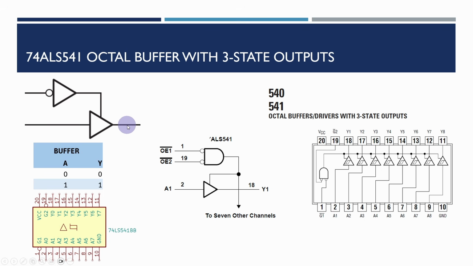And what that means is we can have lots of chips all talking to the same bus. In particular with a microprocessor, the data bus quite often has an awful lot of chips all driving the data bus, whether they're reading or writing to it. But we can only really have one chip writing to the bus at a time.